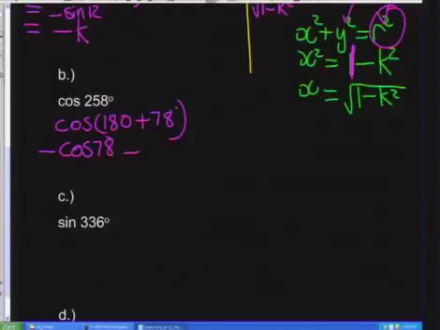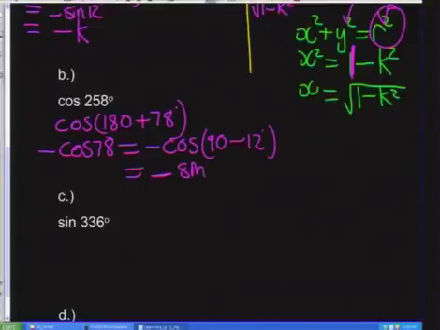And then you can go, hang on a second, let's make this cos of 90 minus 12, which then changes, now the minus stays there, to sine 12. Alternately, if you know the 270 rule, you can use that one as well. We're running out of time, so I'm going rather quickly. This is equal to minus k.